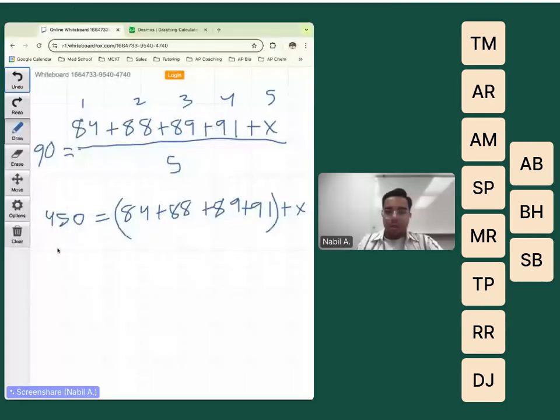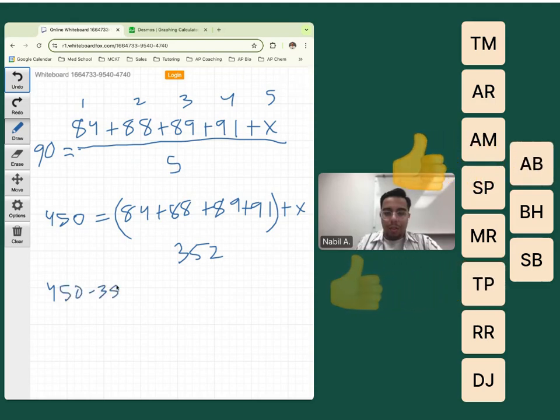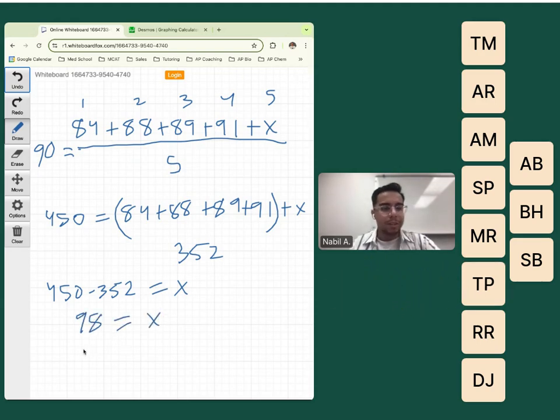So this was all equal to 352. 450 minus 352 is equal to x. X is equal to 98. Does that all make sense? This is a typical question that the SAT may ask with regards to probability. If you guys have any questions, feel free to chime in the chat, also speak up.